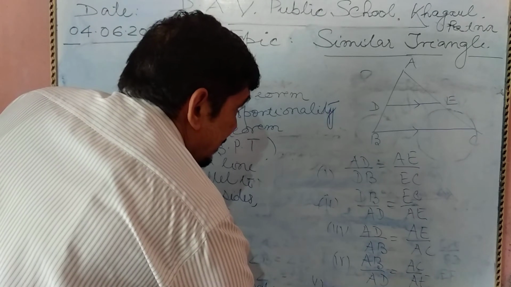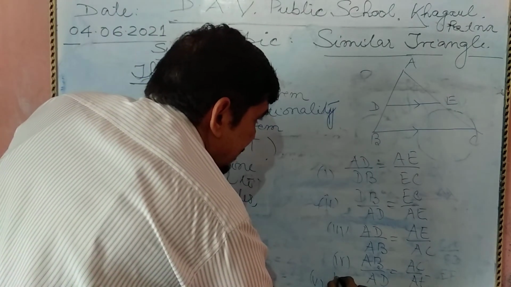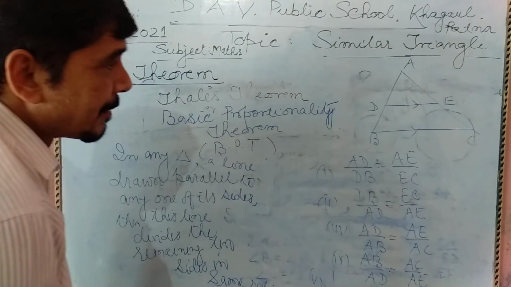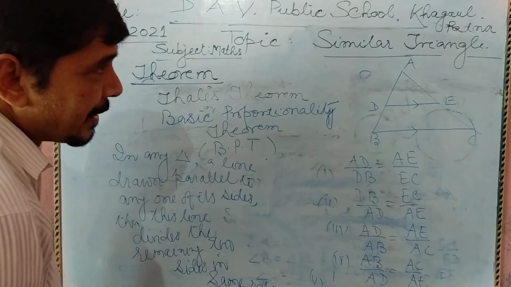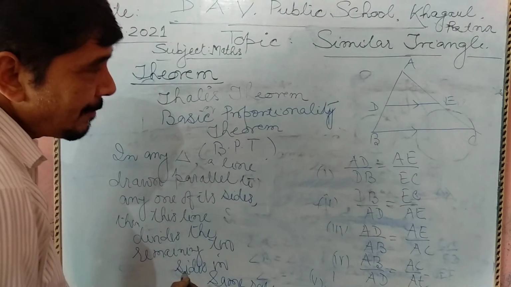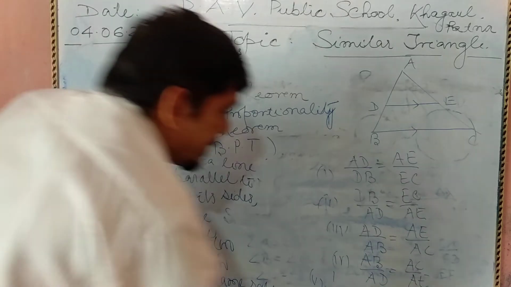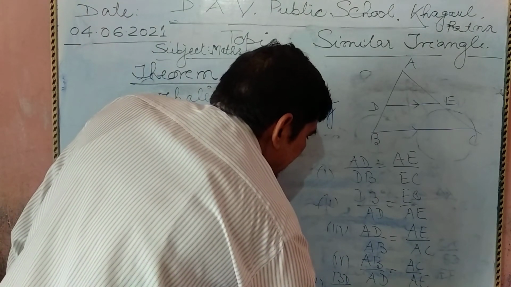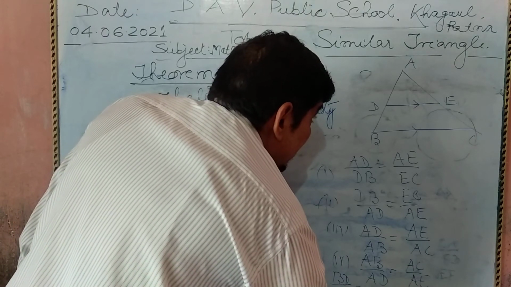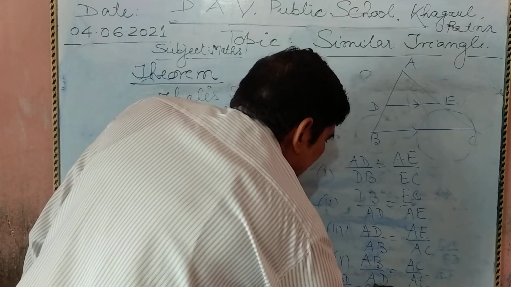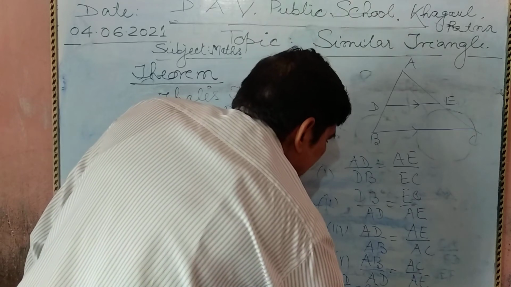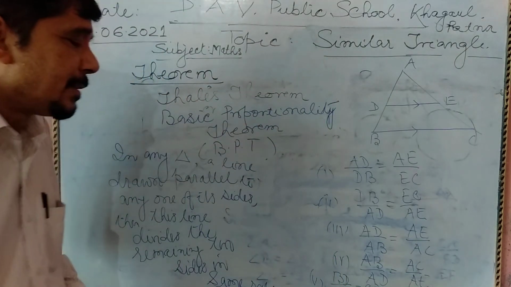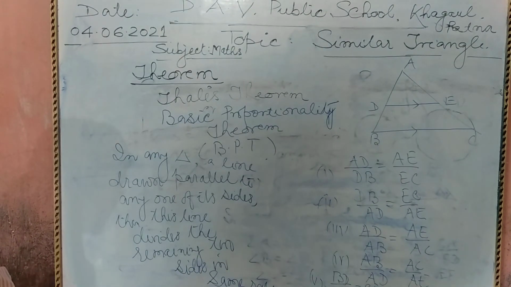Now fifth, BD by BA is equal to CE by CA. And sixth, BA by BD is equal to CA by CE.